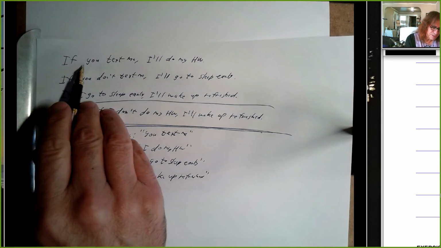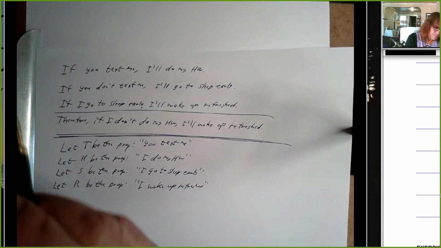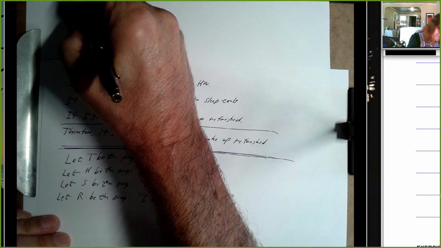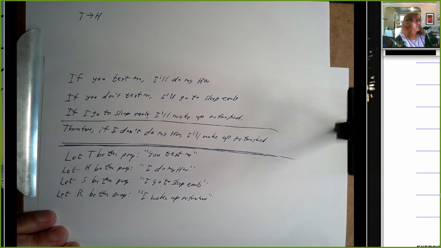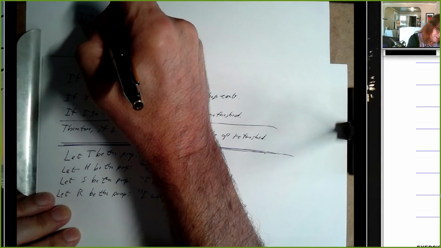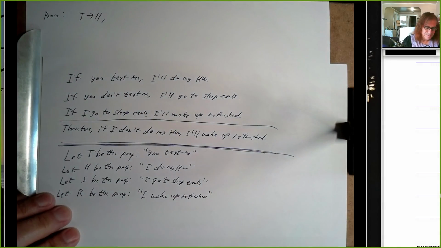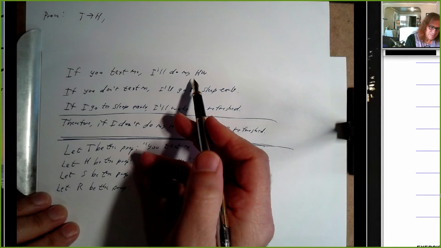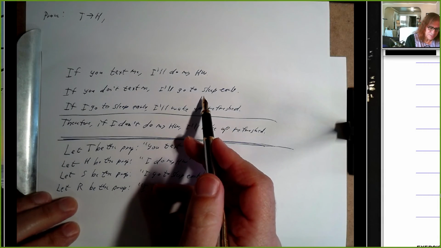And what does this first statement say? If you text me, I'll do my homework. So that's just if T, then H. The second statement says if you don't text me, so I'm going to write these side by side and say this is what we want to prove. So given if you text me, I'll do my homework, and also given if you don't text me, I'll go to sleep early.